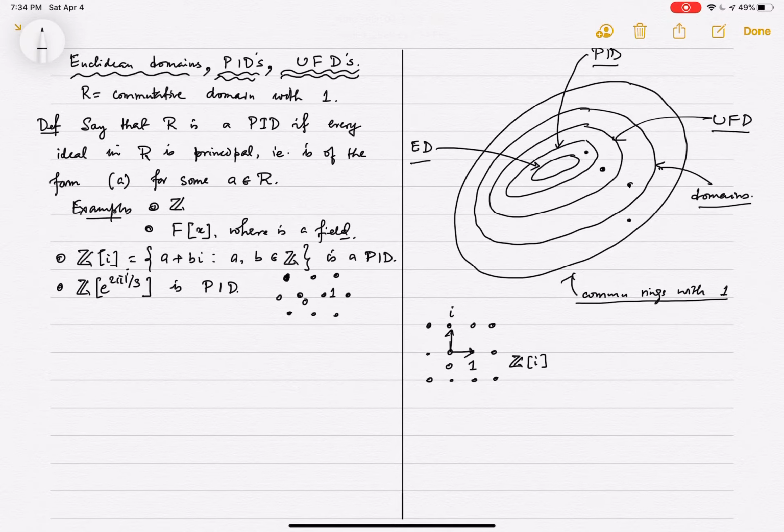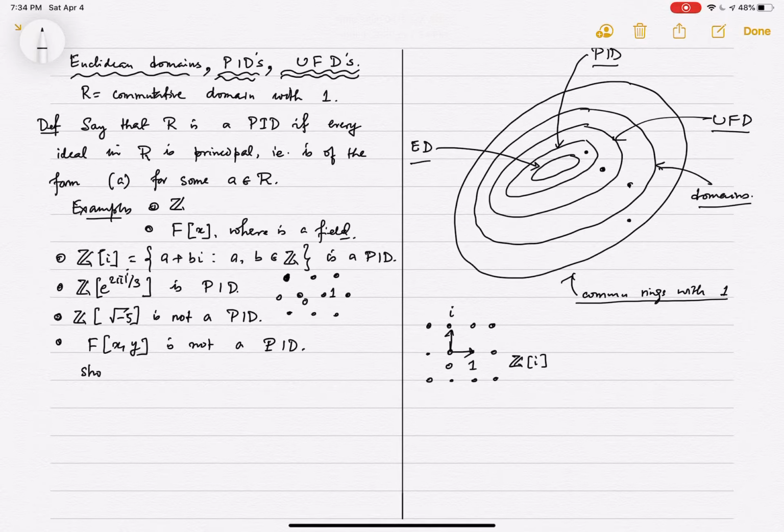And if you take similarly Z adjoin square root of minus 5, we can prove that this is not a PID. This is a good example to know. We'll study this in a while in detail, I think. If you want more examples, certainly, for example, if you want something that you can actually prove is not a PID, just take the 2 variable polynomial ring. This is certainly not a PID.